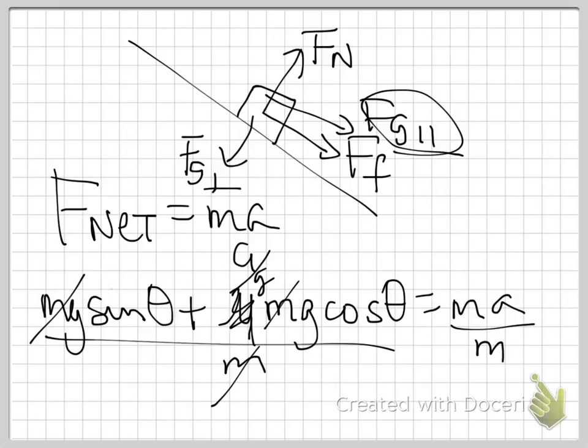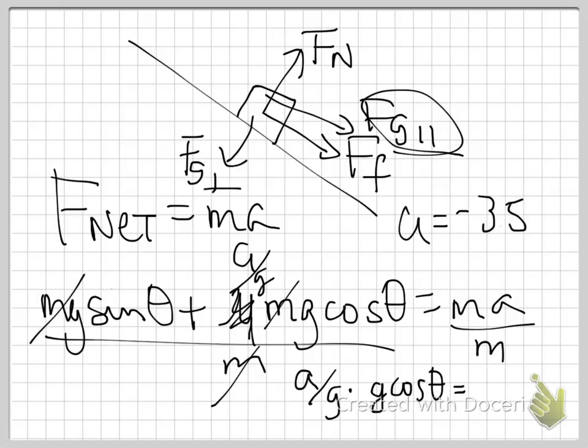I think it's a over g times g cos theta, and this is your original a, that negative 3.5 meters per second squared, plus g sine theta.